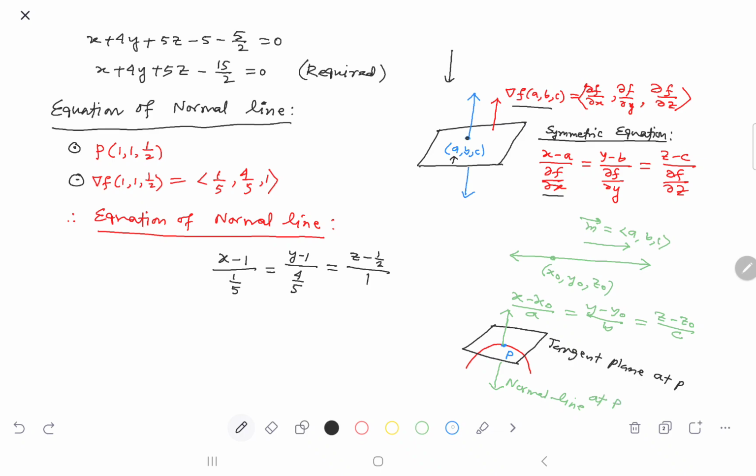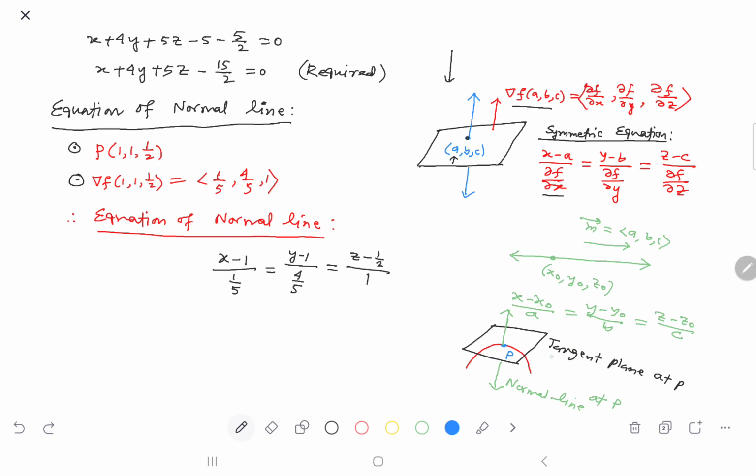Now you have the situation. The point is already given, by a comma b comma c. Here, for example, we have been given 1 comma 1 comma 1, right? So let's say here it is a, x naught, y naught.